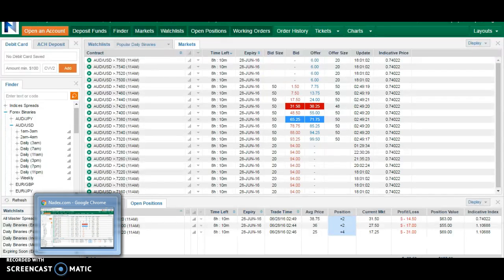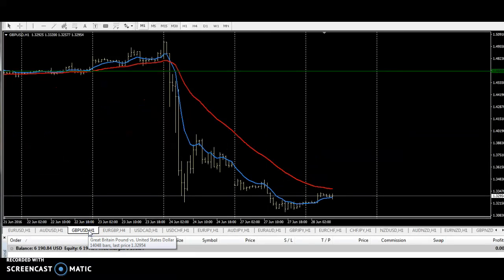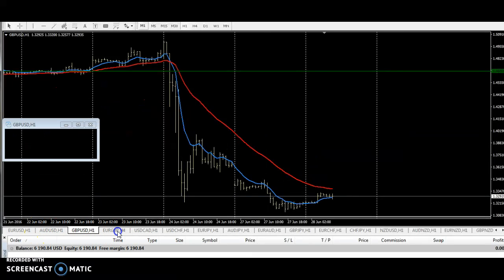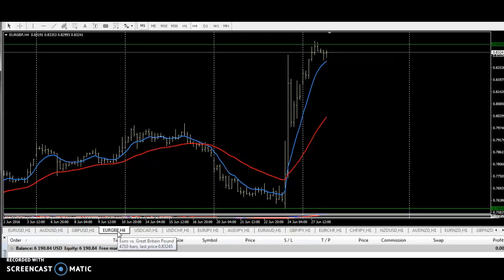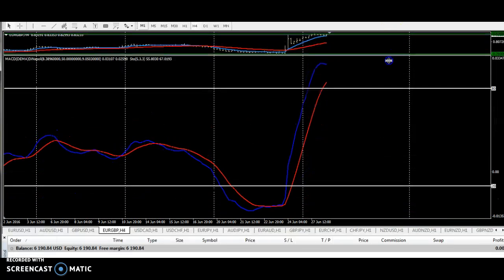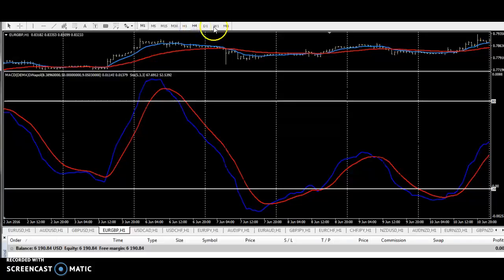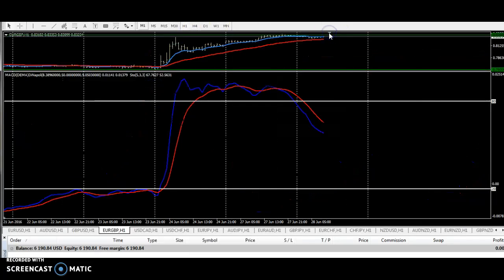And what I like to do is use probability in my favor. The Euro Great British Pound on the 4-hour chart, they're both above 80, oversold as you would expect, but I want to look at the 1-hour chart and see where that's at too.